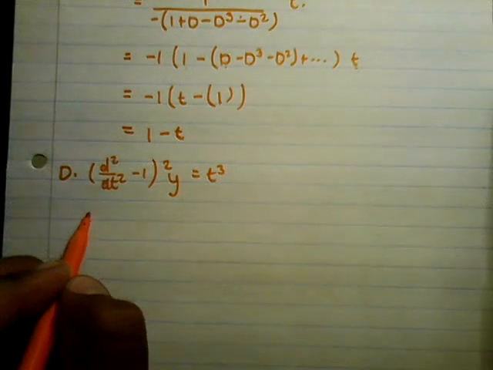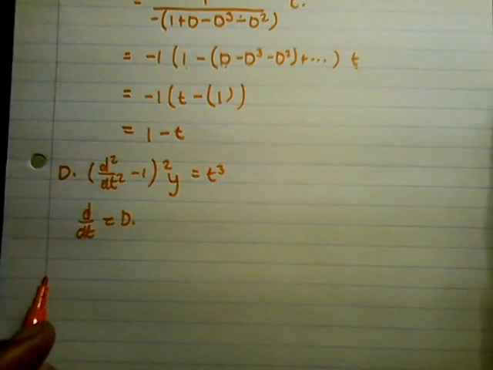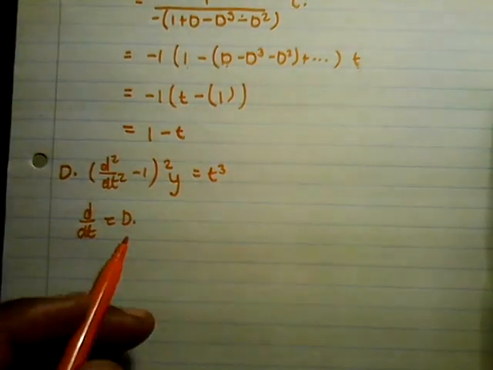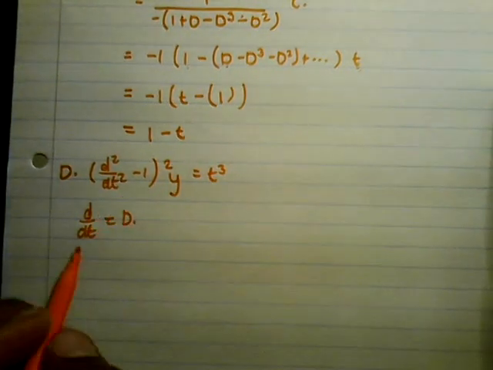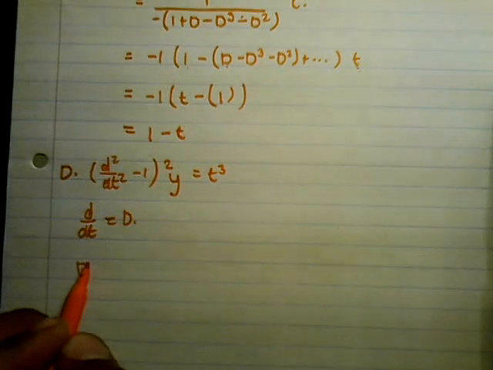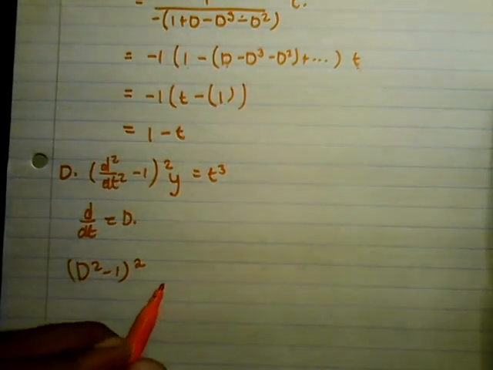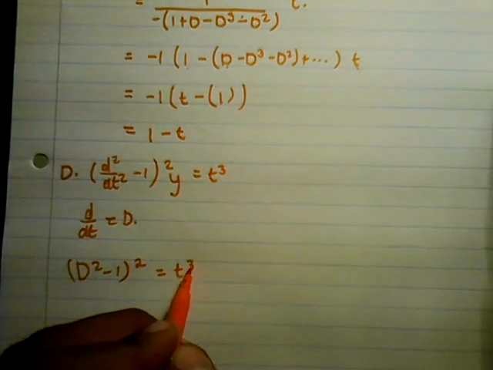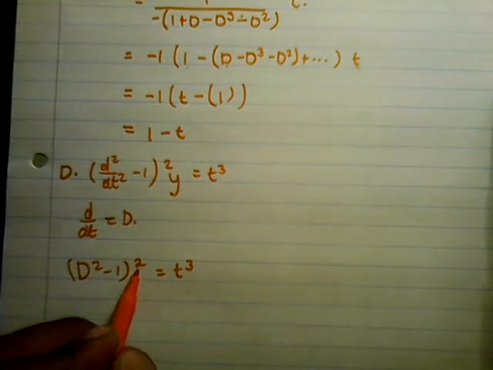Remember we said d over dt is equal to D, but not this D, for differential operator. Now you write this as D squared minus 1, all squared, is equal to t cubed.